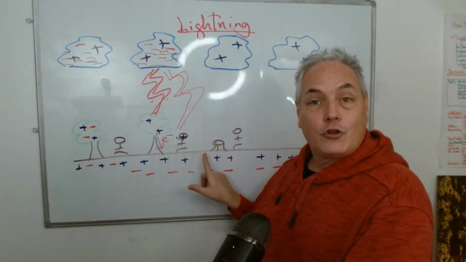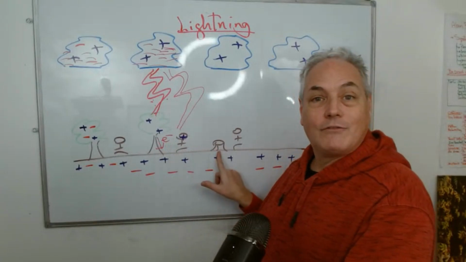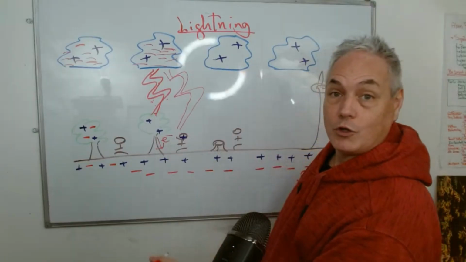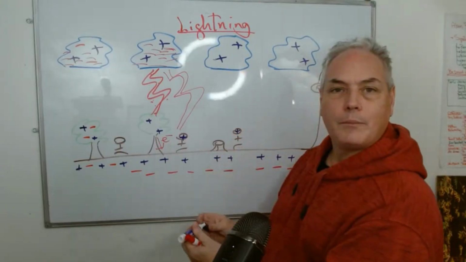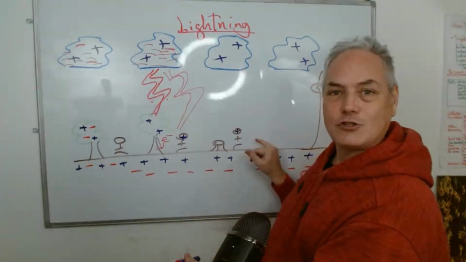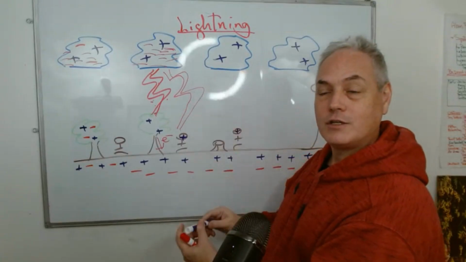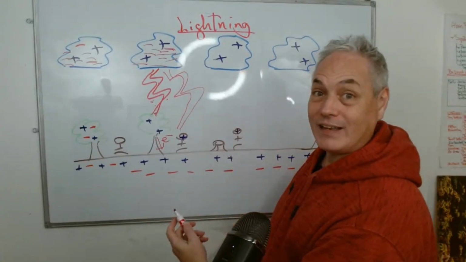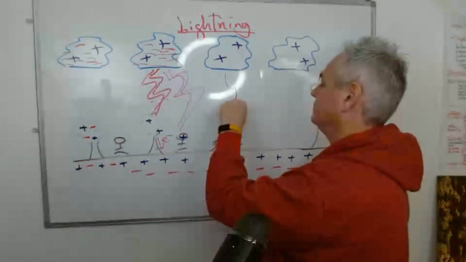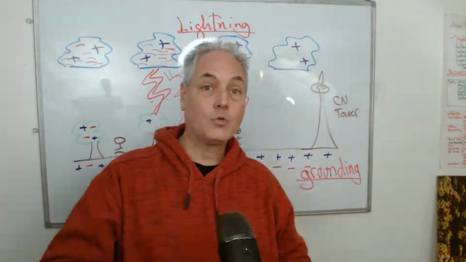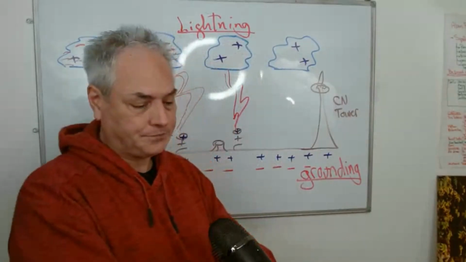It's important because if you're on a flat surface, so here if I have a cut tree, for example, what happens? You end up with only one human with a positive charge, and that's the closest object to the negatively charged cloud, and that's why we have lightning. So this happens with nature.